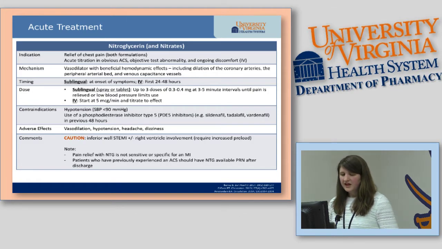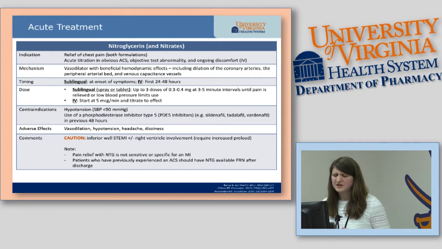Moving to the N, we have nitroglycerin. This is probably the most common one you'll encounter for patients, and this is really indicated to help relieve chest pain. For the IV formulation, which is something you typically start a little bit after this acute period, maybe in the first 24 to 48 hours, that's indicated as an acute titration in obvious ACS, objective test abnormality, and ongoing discomfort.